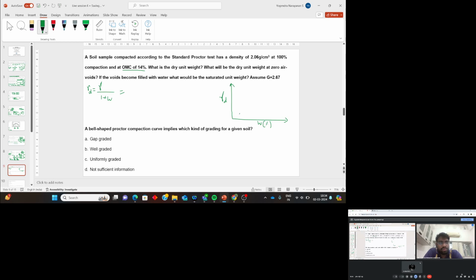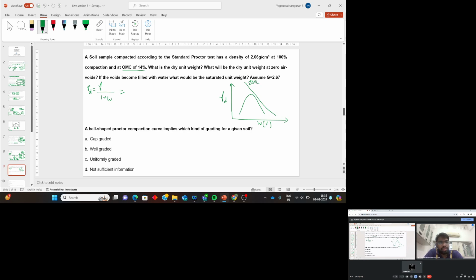This is the compaction curve, right? And this line is known as the zero air void line, ZAVL.